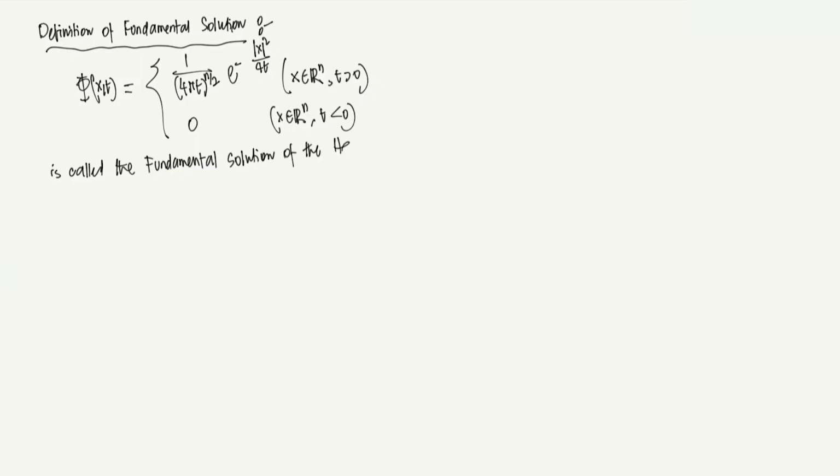Now the thing is this, let's say that we put some initial conditions and we want to solve this problem. So let's try and find a solution for the initial value problem. Of course, separation of variables and all of this can be done, but that is not the point here.